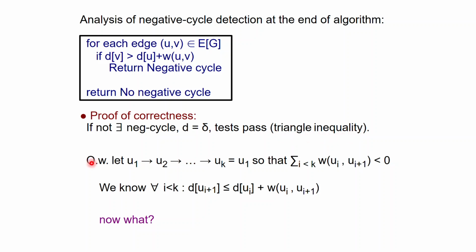Otherwise, suppose you do have a negative weight cycle. So you have a cycle like this: u1 goes to u2, goes to something else until it goes to uk, which is equal to u1, and assume that the sum of the weights in the cycle is less than 0. So the sum for i less than k of the weight of u_i to u_{i+1} is less than 0.